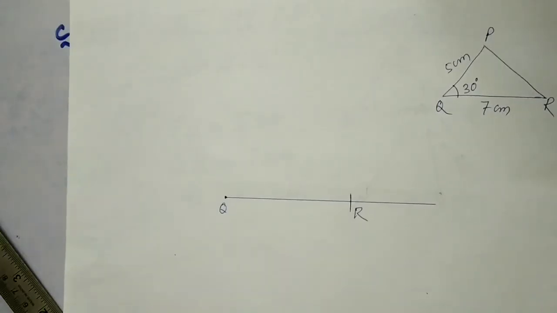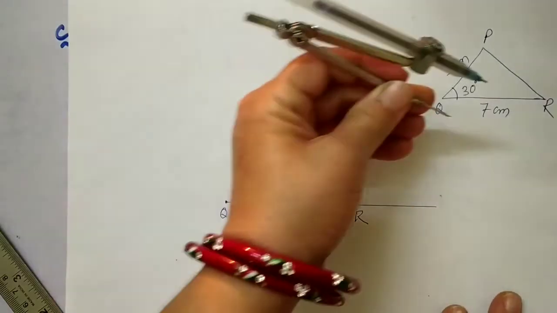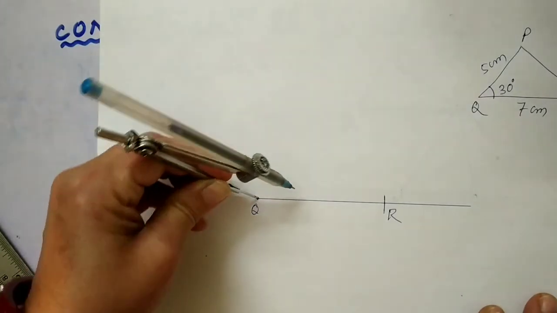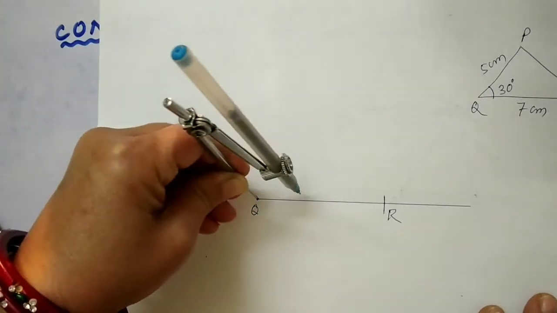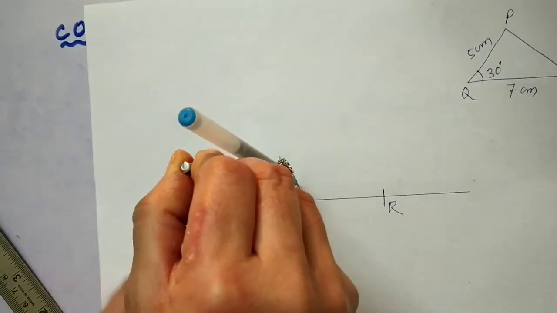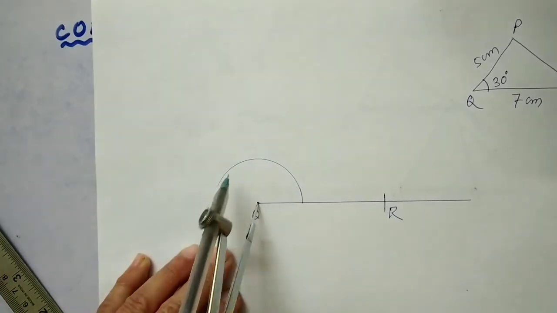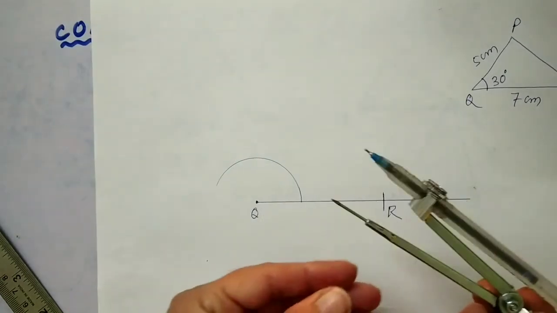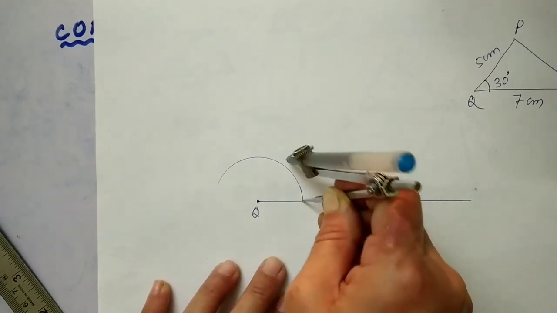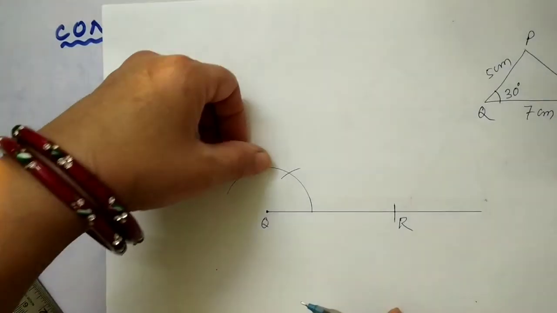Now next is your angle Q. To draw angle 30, how to draw angle 30? From point Q, draw one arc. Drawn. Now if we are taking exactly the same measurement, then we are getting the arc of 60 degree.